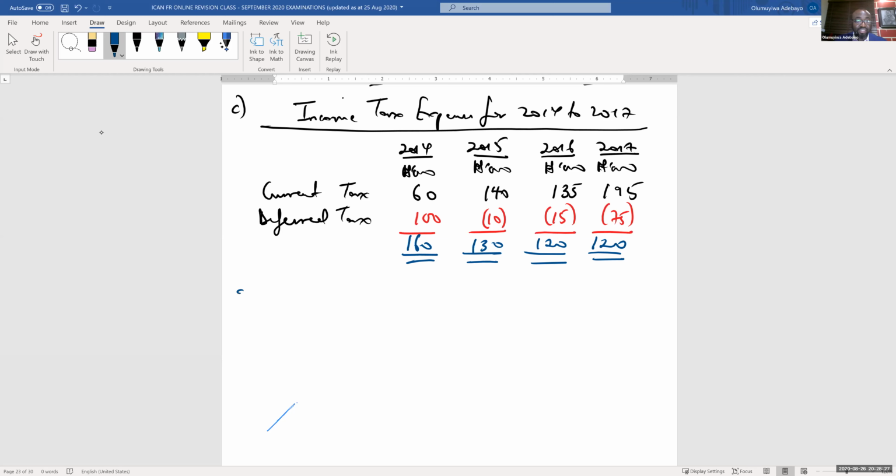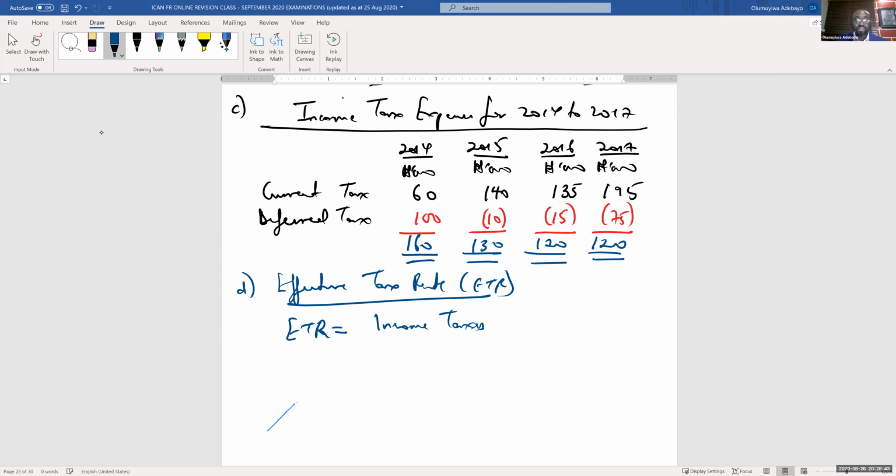We'll see the effect of this by computing our effective tax rate. What is our effective tax rate? It's simply the ratio of the amount of income taxes recognized in proportion of our profits before taxes.